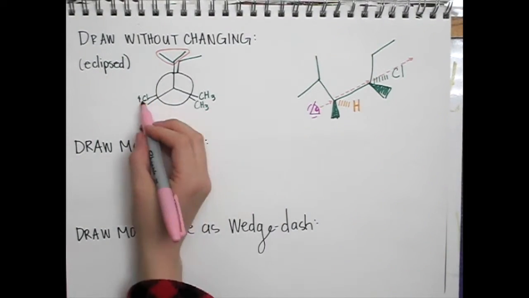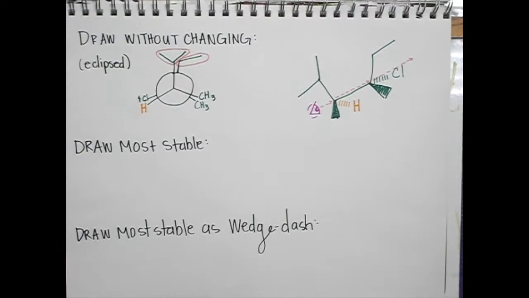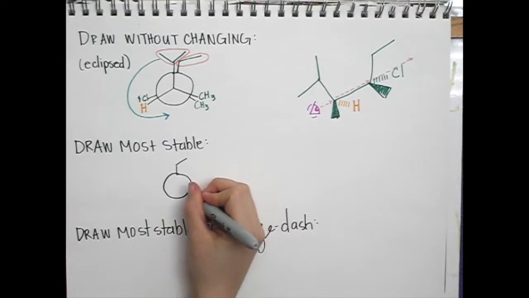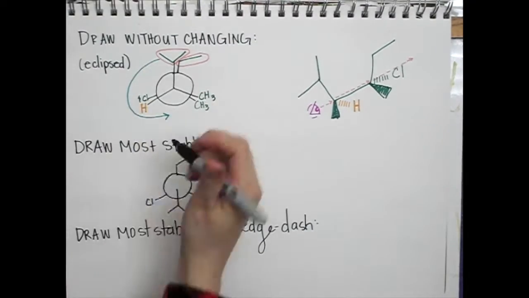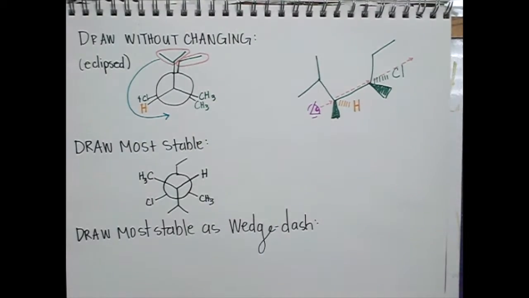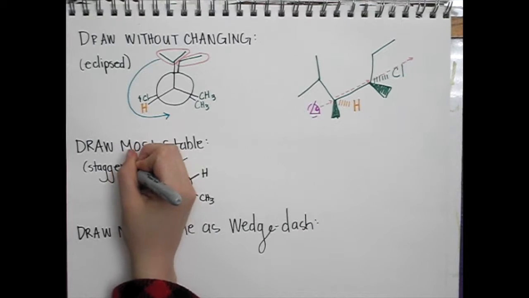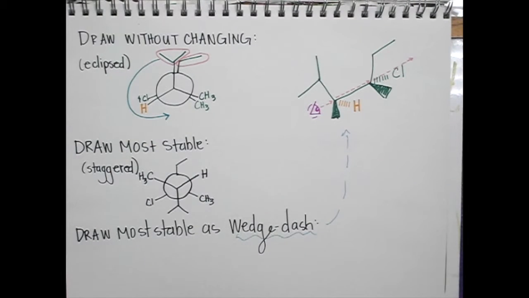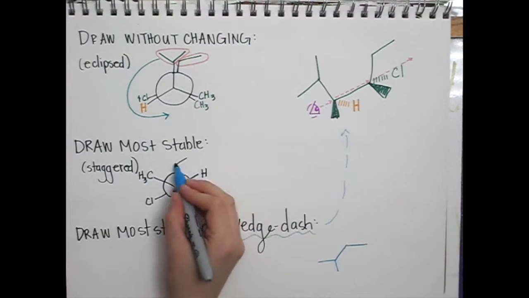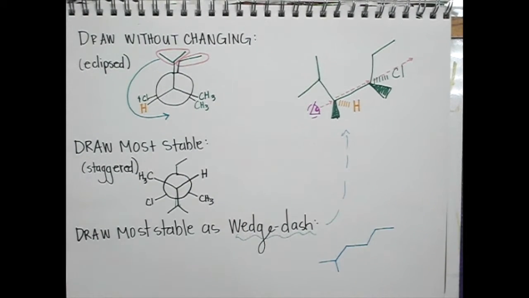So we have to find our largest groups and make them 180 degrees apart for our most stable Newman projection. Now it's staggered. Okay, now we have to draw our most stable Newman projection as a wedge dash structure.